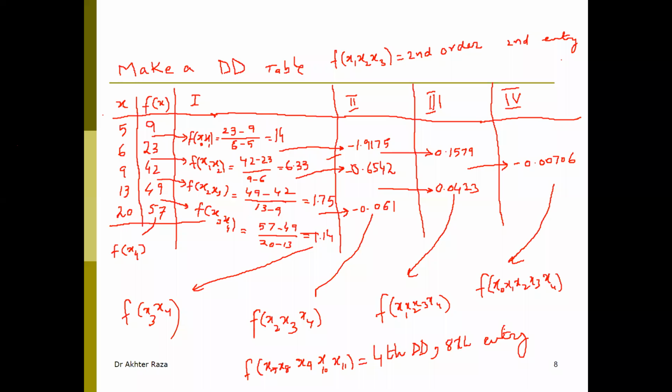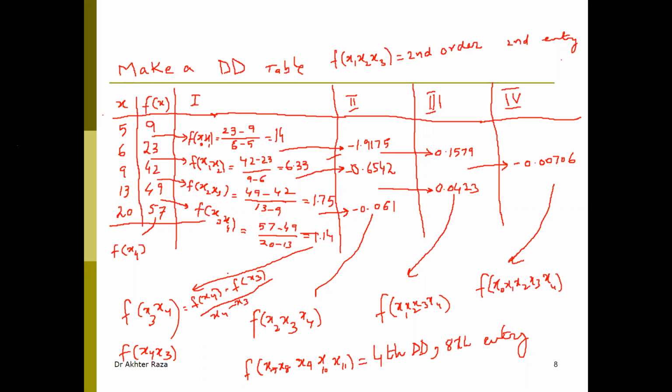These divided differences are independent of order. Independent of order means this can be written as f[x4, x3], and both have the same answer: f[x3, x4] and f[x4, x3] are equal. Why? The reason is we can write this as f(x4) minus f(x3) divided by x4 minus x3.